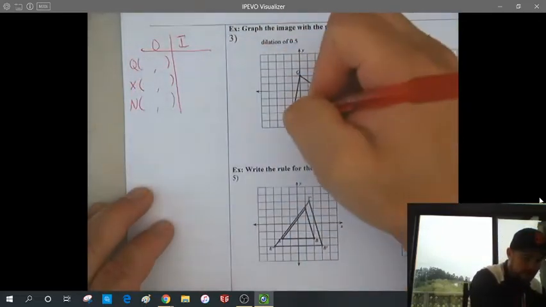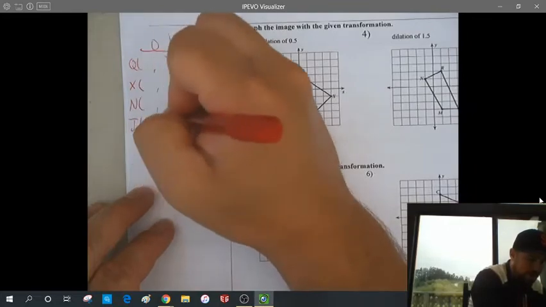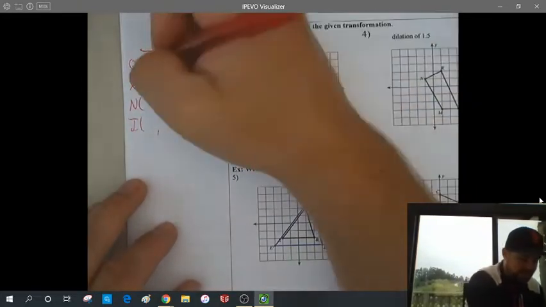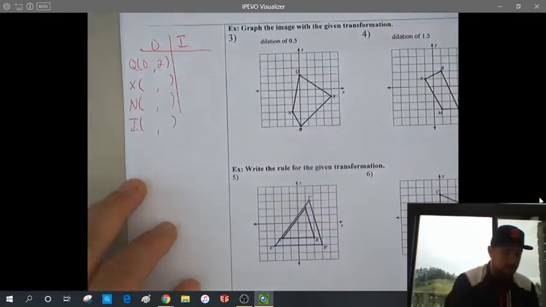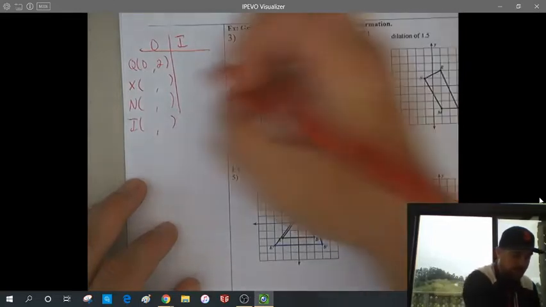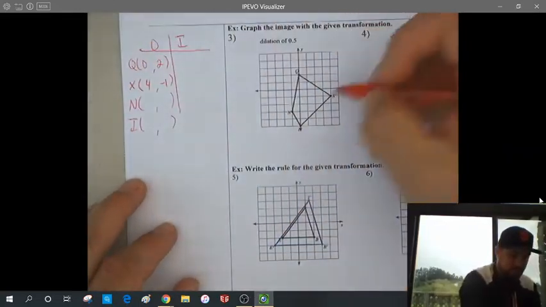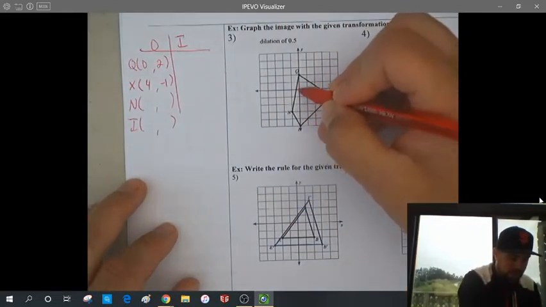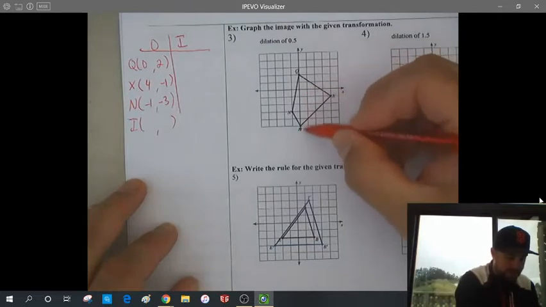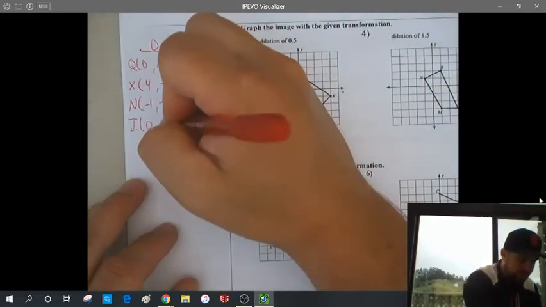So we've got N over here and then I at the bottom. Alright, so Q is at 0, 2. X is at 4, -1. N is at -1, -3. And I is at 0, -5.